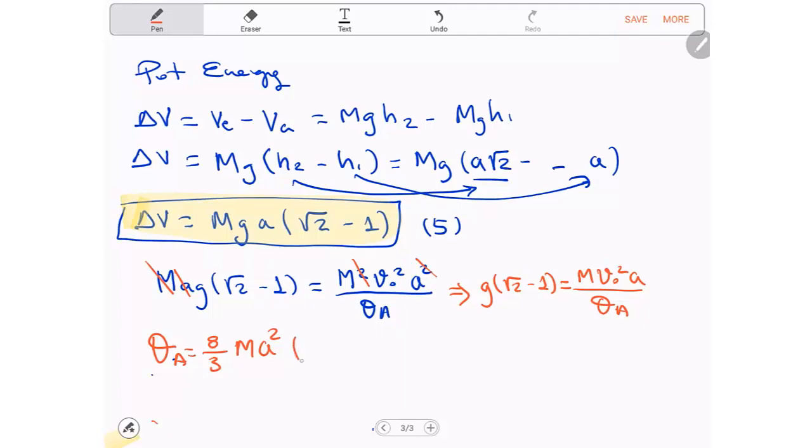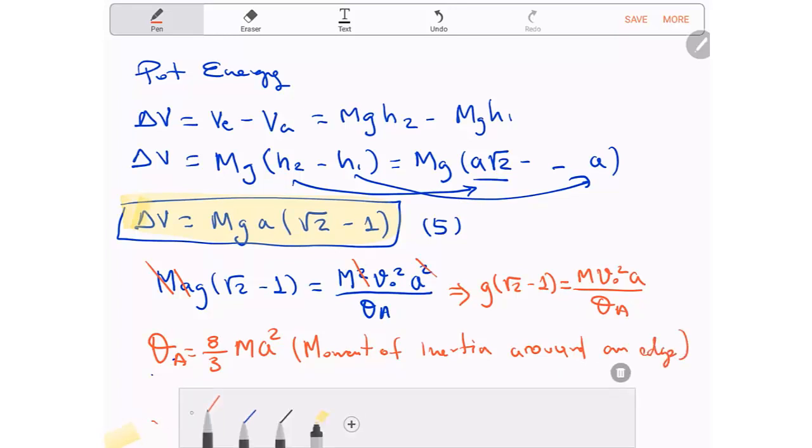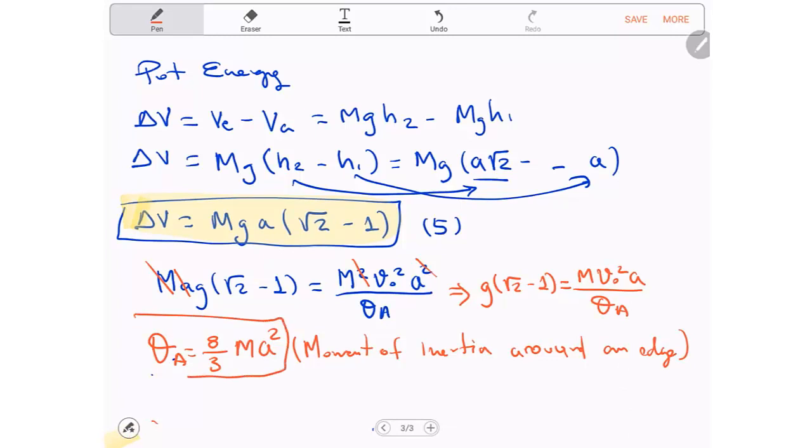This is the moment of inertia for a cube that is rotating around one edge. Let's go to the illustration again.